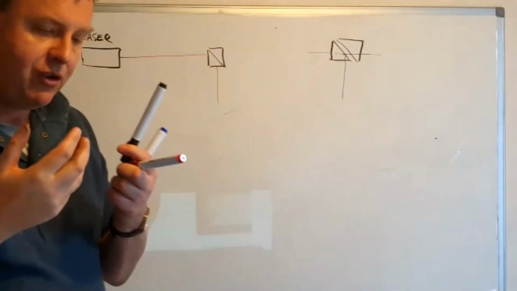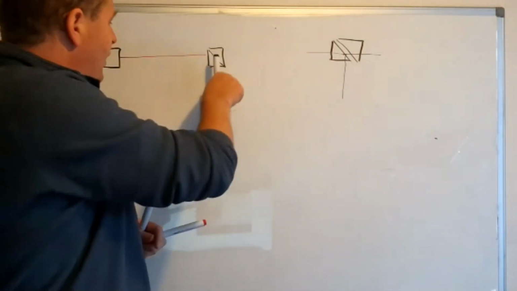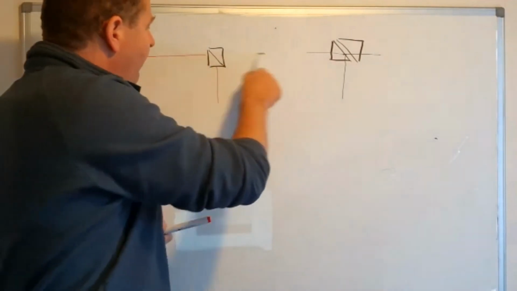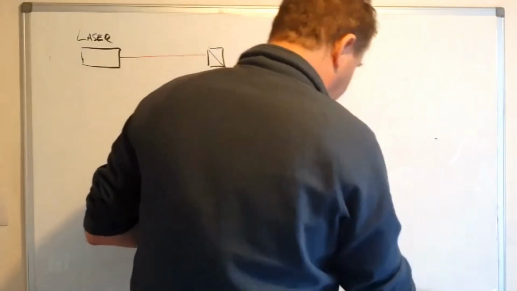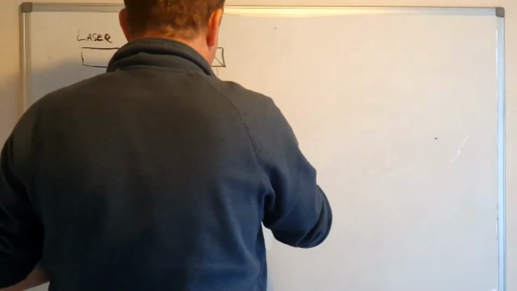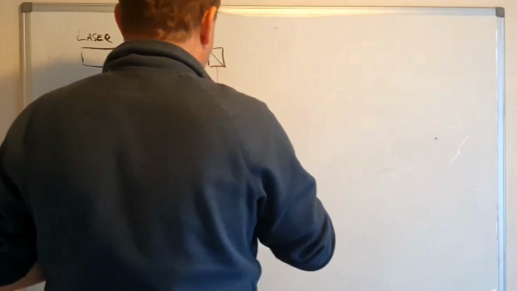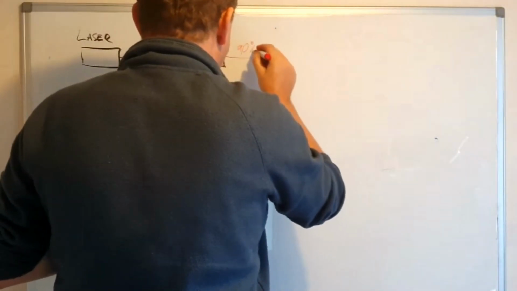And by controlling the mismatch between the two refractive indices, you can control what fraction of the light comes down and what fraction of the light goes through. So in this particular example, we'll say we send 10% of our light that way, and therefore 90% this way.